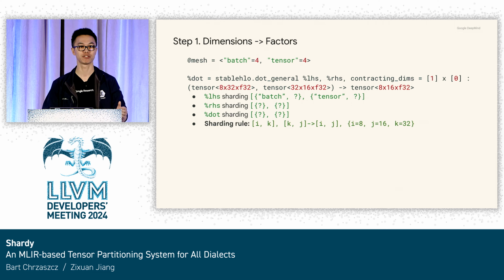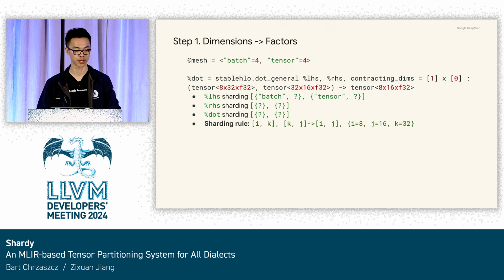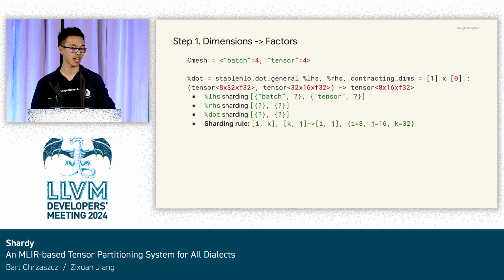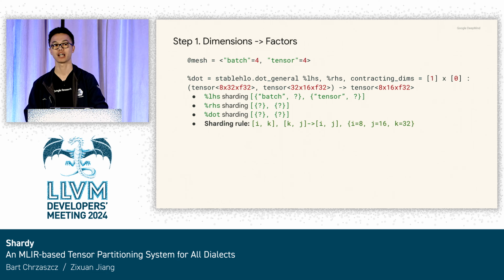To do that, we have this sharding rule, which is equivalent to the einsum notation. It's just IK, KJ, and we project the result, which corresponds to the two non-contracting dimensions. And for each factor, we also have the size, which corresponds to the original dimension size.